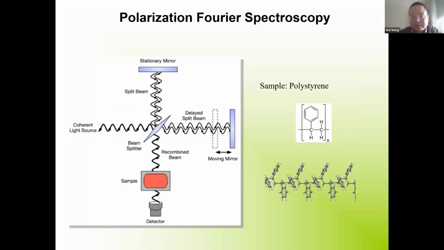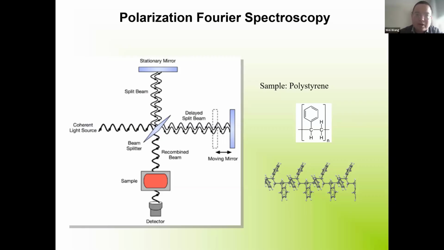Let's first recall the conventional Fourier transform spectroscopy. This is the Michelson interferometer. By changing the optical path difference through the moving mirror, we are able to measure the coherence function. This is for the scalar case.